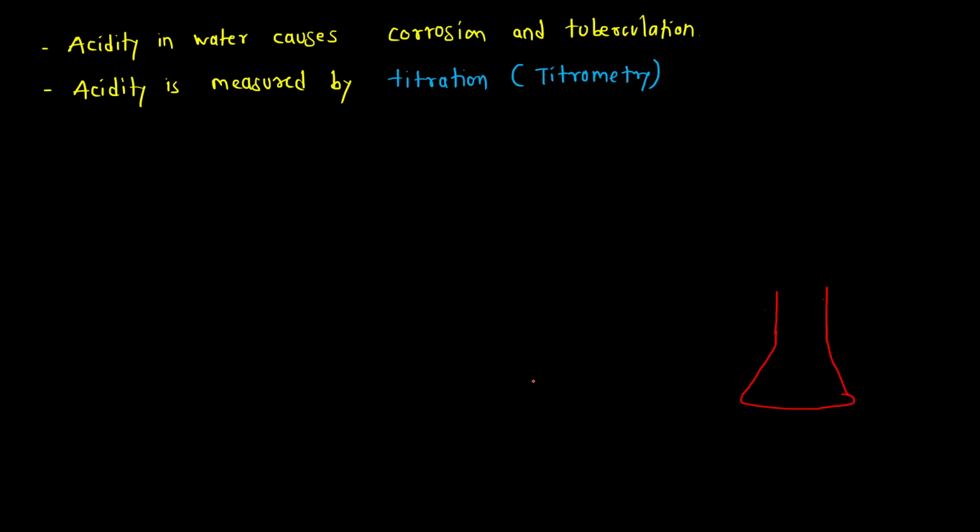On this flask there is one burette that is attached, and on this burette there are certain calibrations given to measure the level of water. So this is called the conical flask, and this is called the burette.